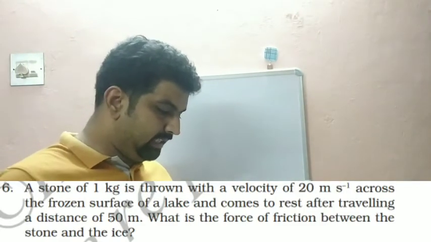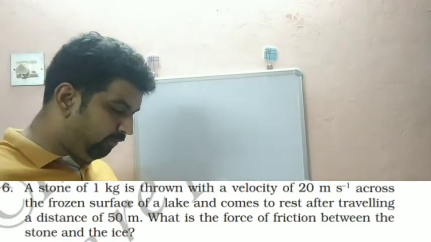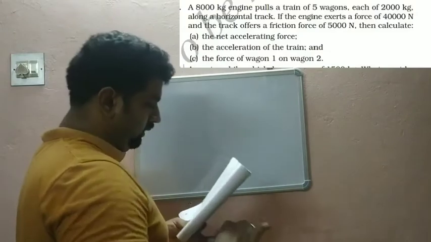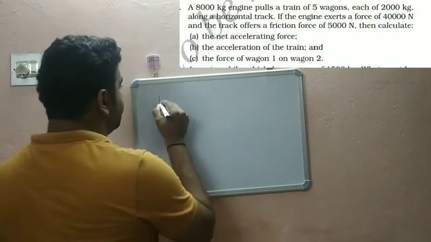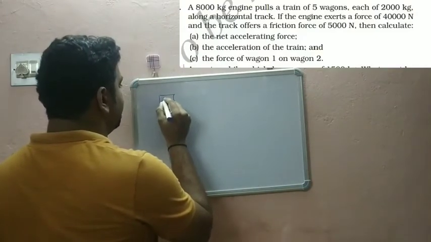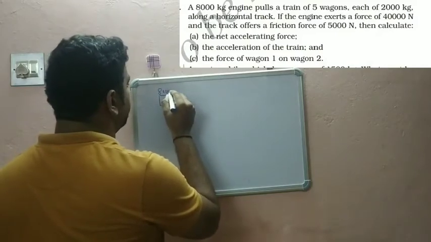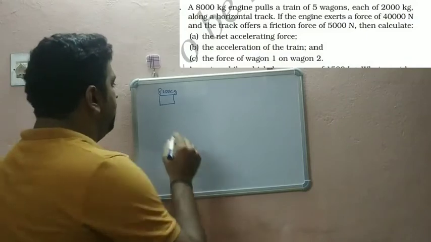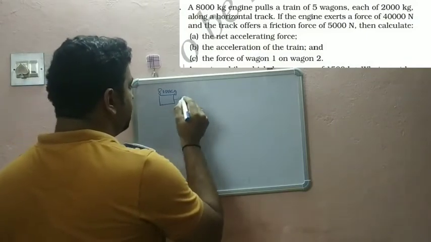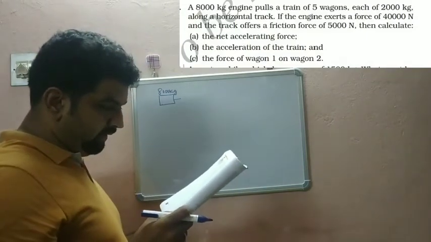An 8,000 kg engine pulls a train of 5 wagons. So 8,000 kg is the engine. So it pulls 5 wagons, right? 5 wagons.